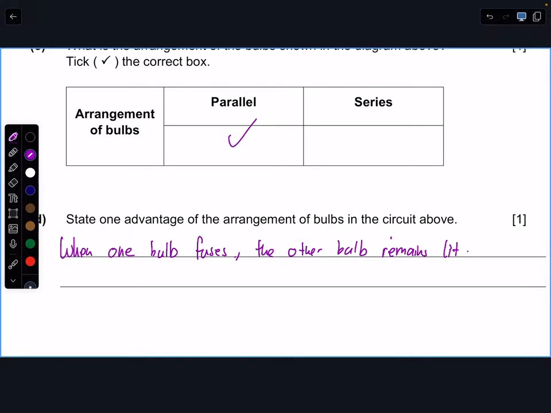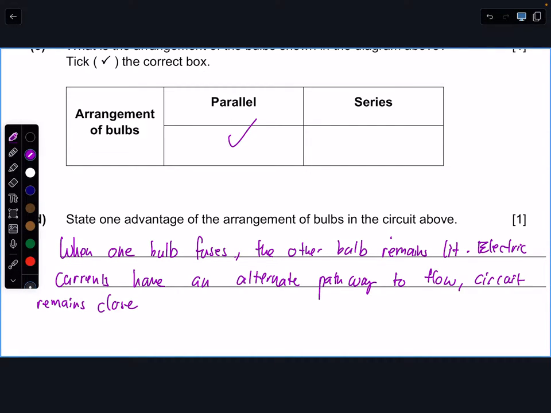Why is that the case? You would say that electric current has an alternate pathway to flow. The circuit remains closed. The key idea is an alternate pathway to flow, and the circuit remains closed.